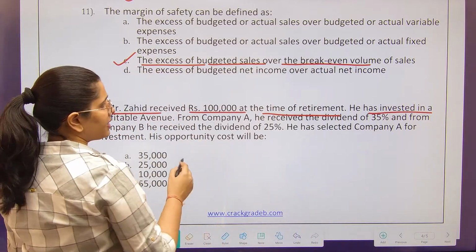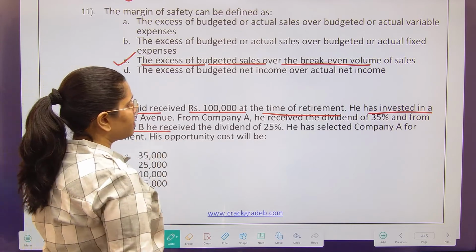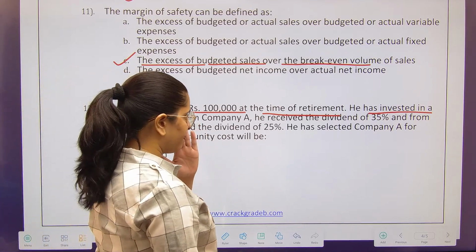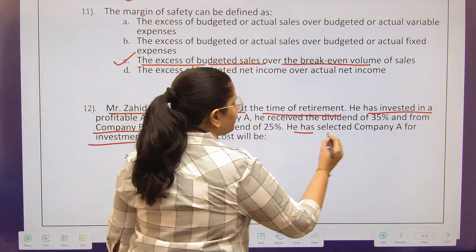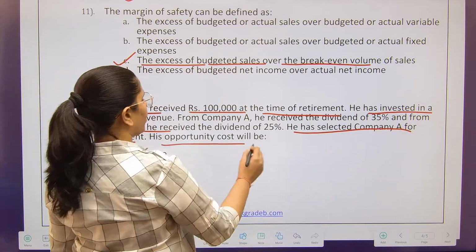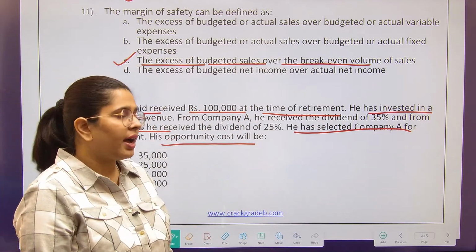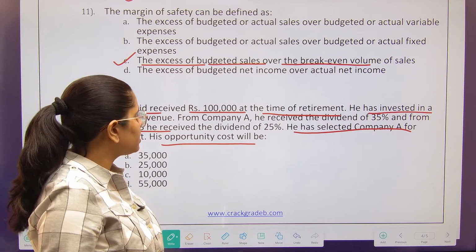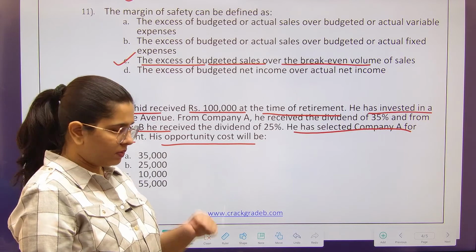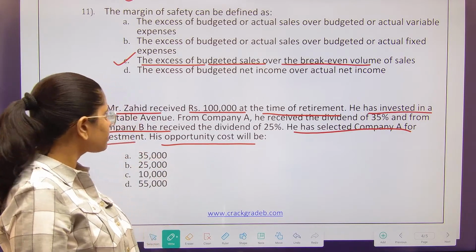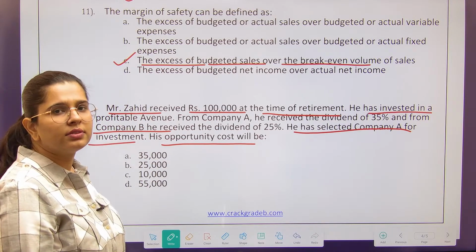From company A, he received dividend of 35%, and from company B, he received the dividend of 25%. He has selected company A for investment. Now what will his opportunity cost be? I guess you should know about it. This is a super easy question. What is the opportunity cost here? Tell me what will be the opportunity cost over here.